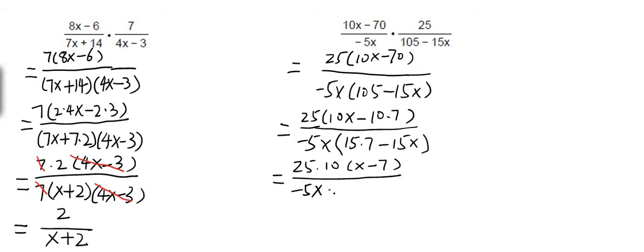We can factor out 15, and we can get 7 minus x. Okay, and the tricky part is here's x minus 7, here's 7 minus x. Actually here's a negative, so we can put a negative inside of parentheses, and actually we can get what?